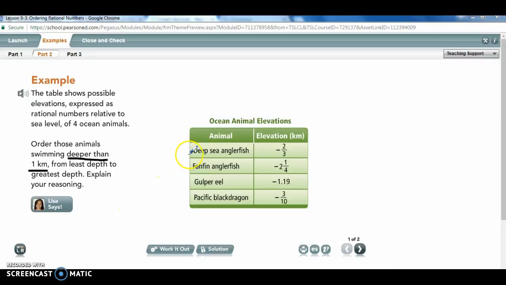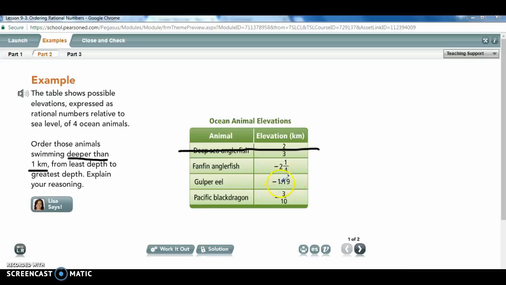So I look at my deep sea anglerfish. I see that I am going down -2/3. That is not going down a whole kilometer. So this fish does not matter for our answer. The fanfin anglerfish swims down -2 1/4 of a kilometer, so that is more than just -1.